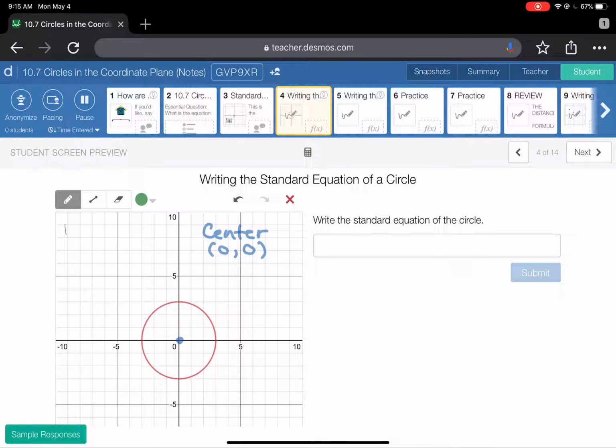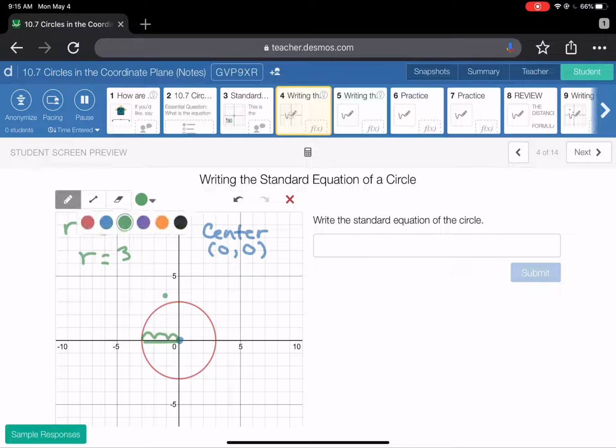The radius is the line from the center of the circle to the edge of the circle. So how far is that? You can pick literally any line from the center to the outside of the circle. Let's just use this one and count how many squares it is. What's the distance? 1, 2, 3. So our radius, r, is equal to 3.